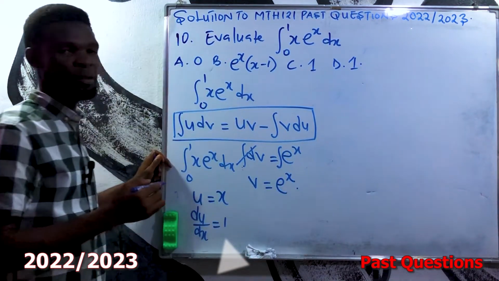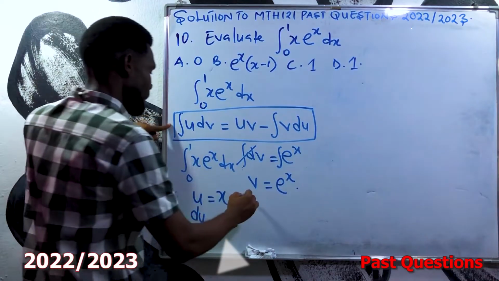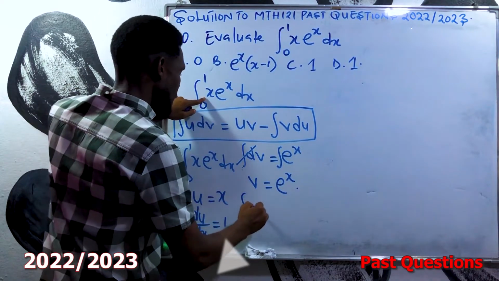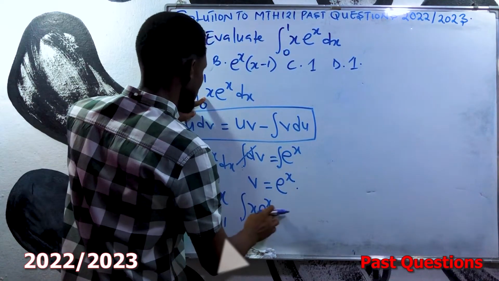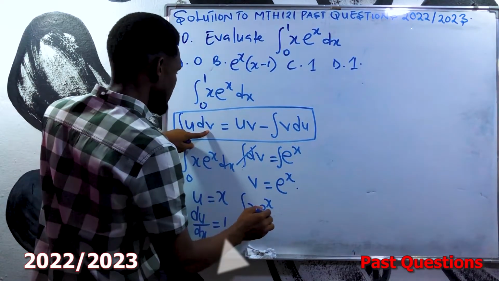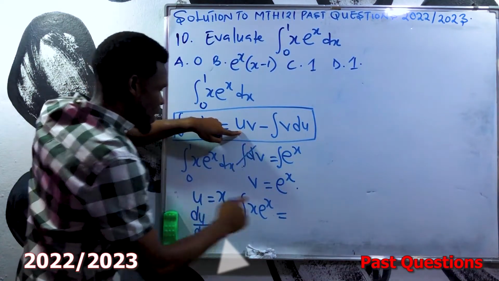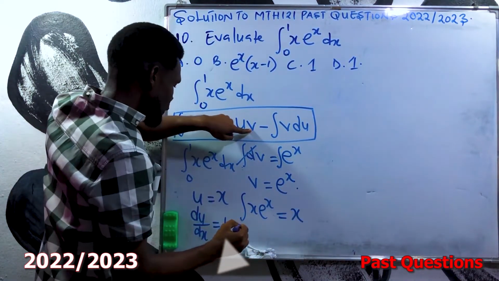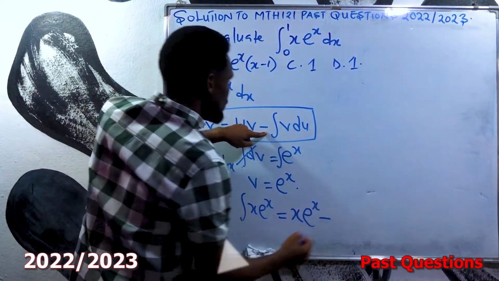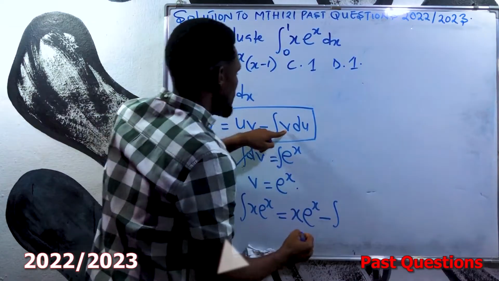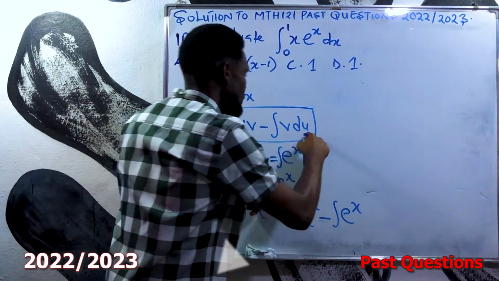I am done integrating. Then I'll now substitute everything into the formula, that the integral of x exponential x is equal to uv. What is u? u is x, so I'll put x there. What is v? v is exponential x. Look at it, x exponential x, minus the integral of v. What is v? v is exponential x. What is du?